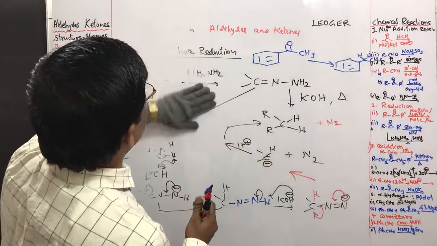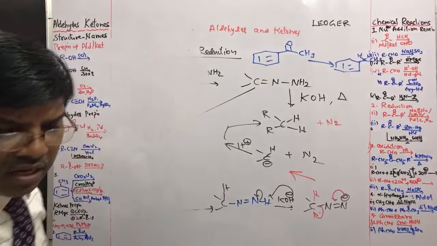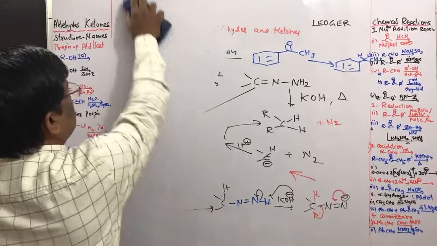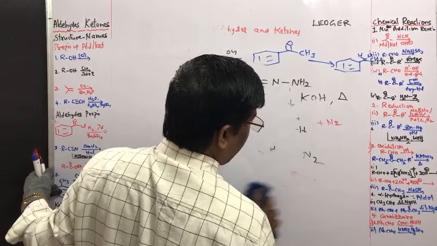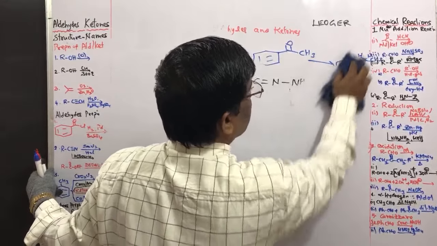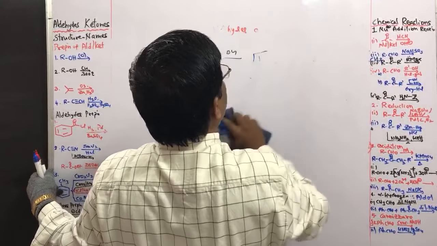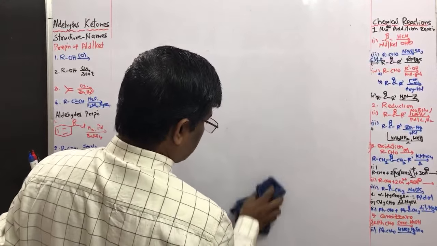For the reactions based on alpha hydrogen, you will have a number of reactions. However, I am going to stick to two reactions, because these two are in your textbook. That is the aldol reaction, under which we get crossed aldol reaction and aldol condensation reaction also.